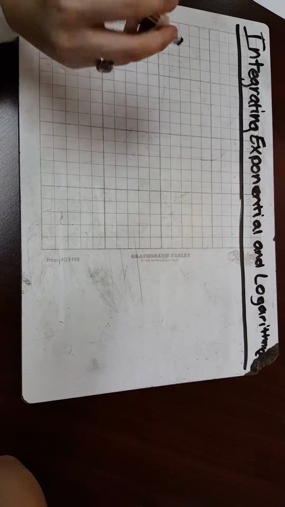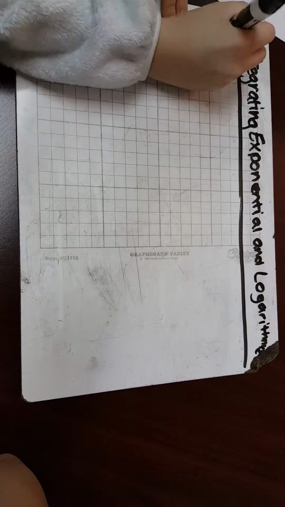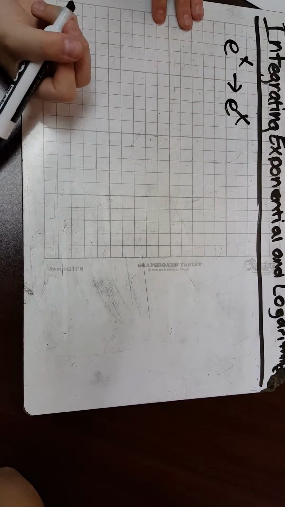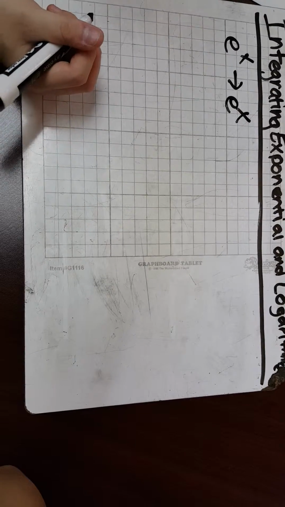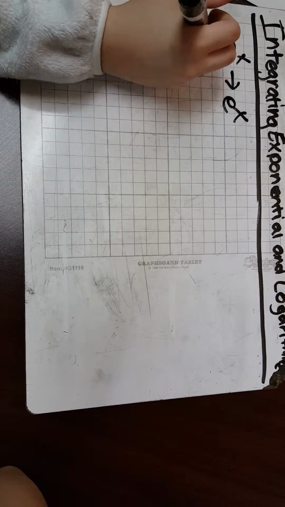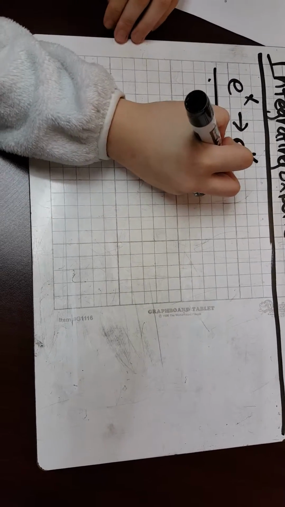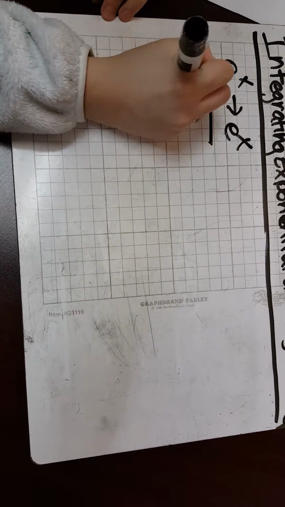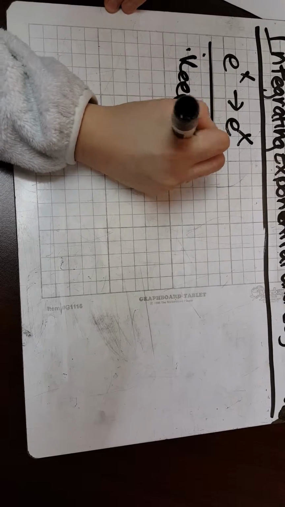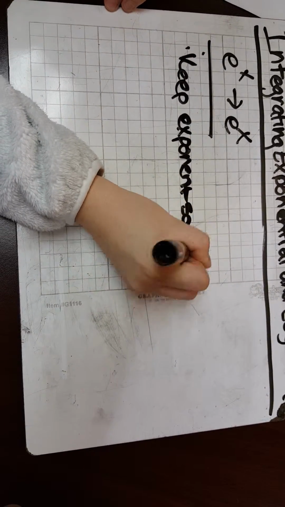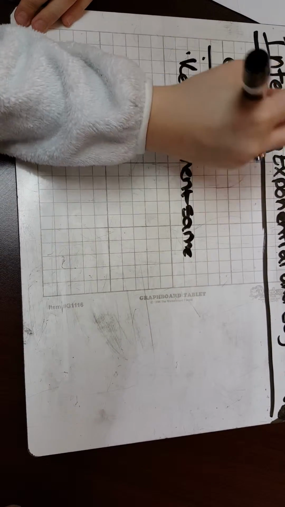Now on to exponentials. So you know that the derivative of e^x equals e^x, so it stays the same. So when finding the integrals of this, you would keep the exponent the same, no matter what. So there's nothing that changes from here to here.